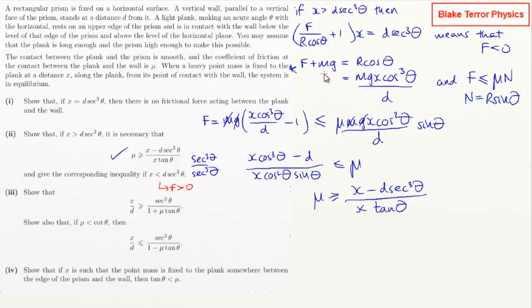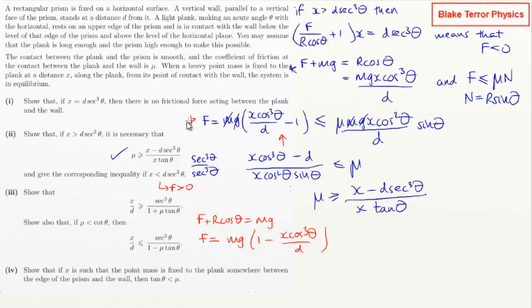Because I'm going to have a change of sign: f plus r cos theta equals mg, and that means I'm going to have the r cos theta as mg minus the r cos theta. So f is equal to mg times 1 minus x cos cubed theta over d.